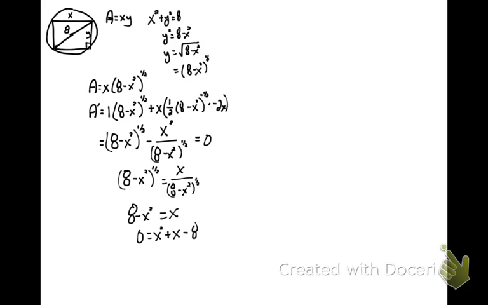which does not look like a fun thing to factor, and that's because it isn't. But I can use the quadratic formula to solve for x. X must equal negative 1 plus or minus the square root of 1 minus 4 times 1 times negative 8, all over 2, where x equals negative 1 plus or minus the square root of 33 over 2.